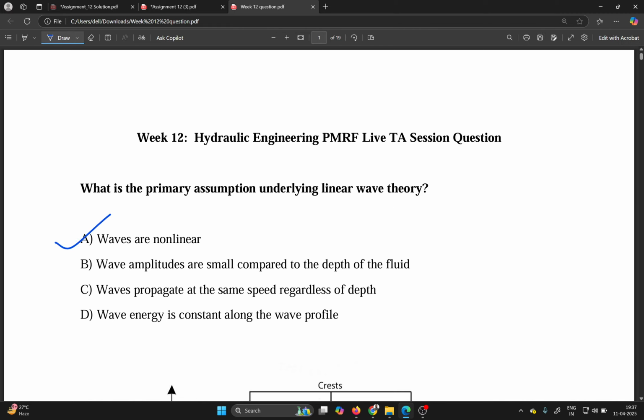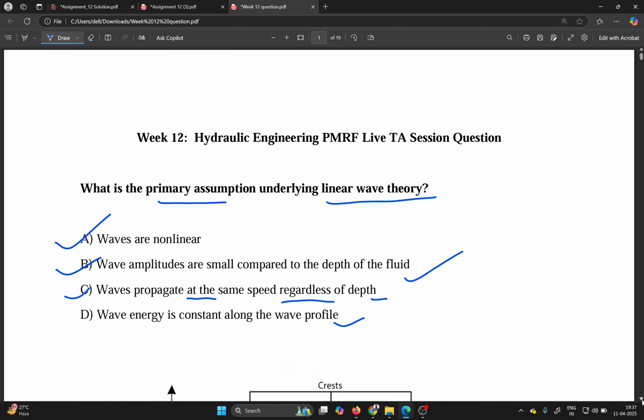Waves are non-linear; wave amplitudes are small compared to the depth of fluid; waves propagate at the same speed; waves propagate at the same speed regardless of depth; wave energy is constant along the wave profile. What is the primary assumption underlying linear wave theory?